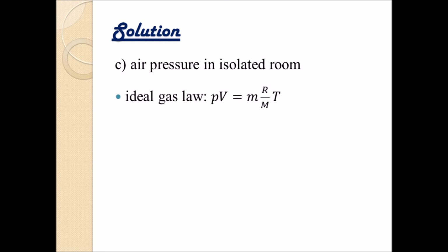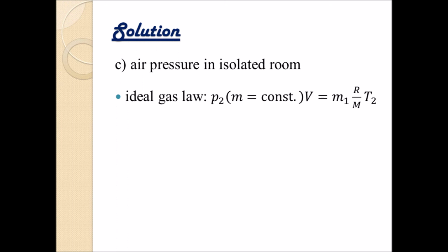And while this is the general form, as you can see it here, we want to substitute our variables with the variables we have. So P, in this case, was the P2 that we were looking for under the assumption that the mass M is constant. The volume V, well, it's constant as well, and it was given.